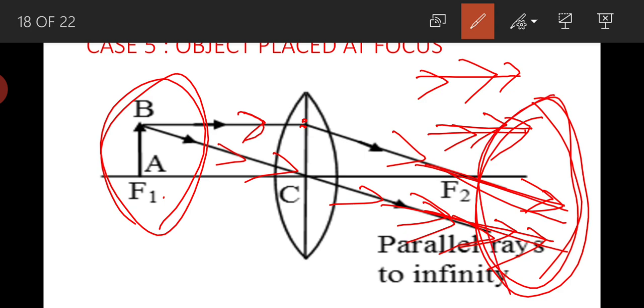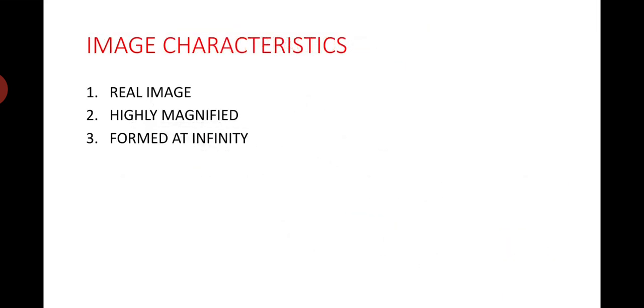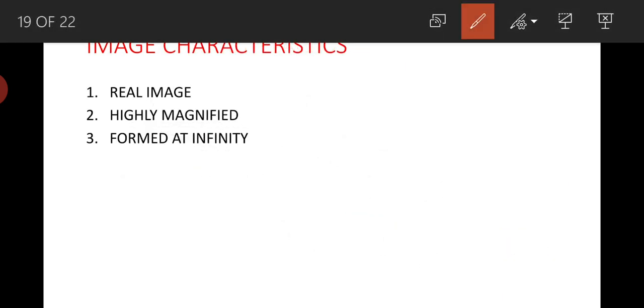Because these light rays are moving on the other side, we say the image is real and formed at infinity. Since these two light rays do not meet until infinite distance, we say the image is highly magnified. The image is real, highly magnified, and forming at infinity.